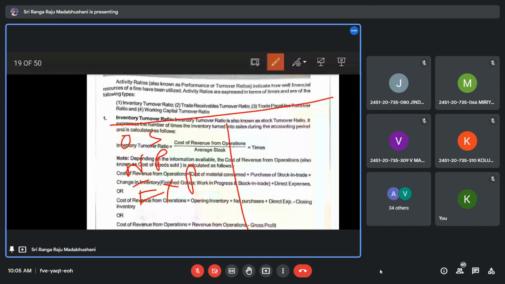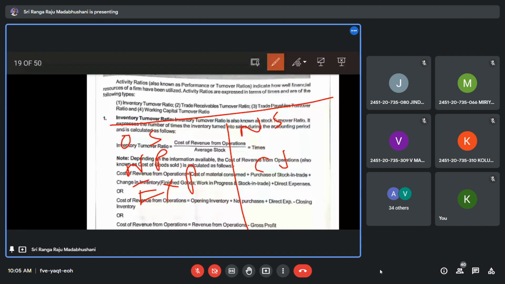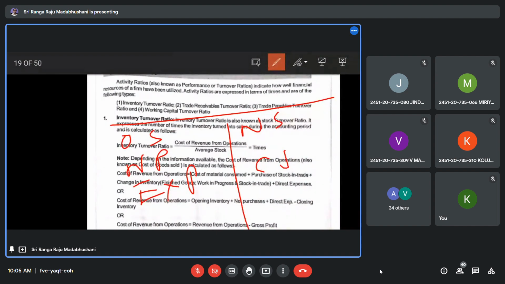Then net sales means sales minus sales return. Then the difference is gross profit.